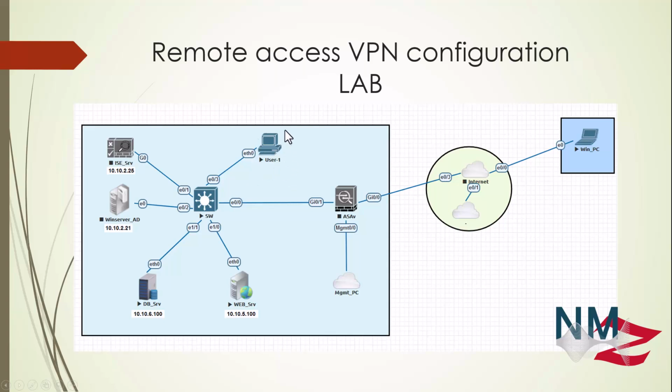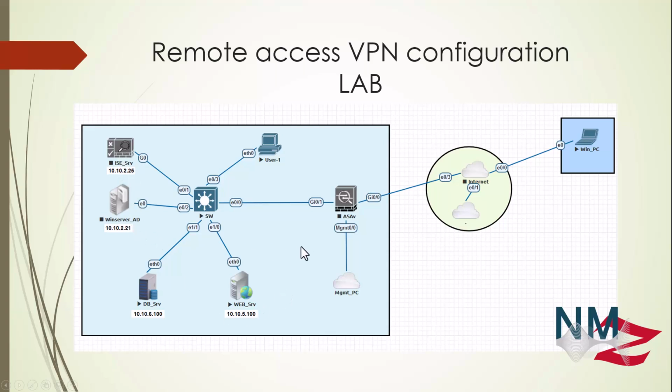This is a user that I just put here to show you that the user can access everything inside the organization, and the remote user will have the same privilege and access to everything inside the organization.